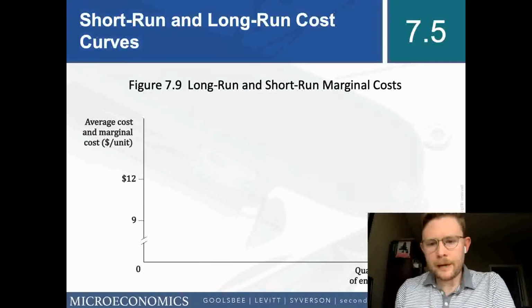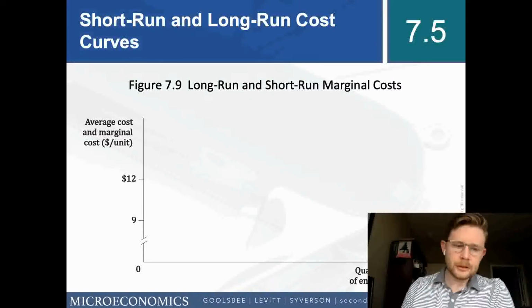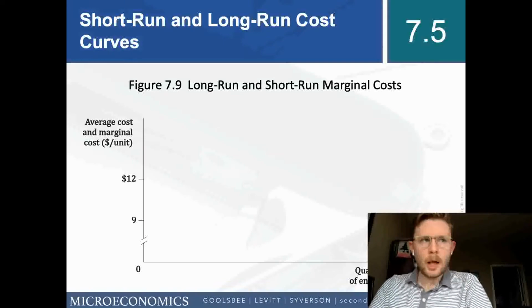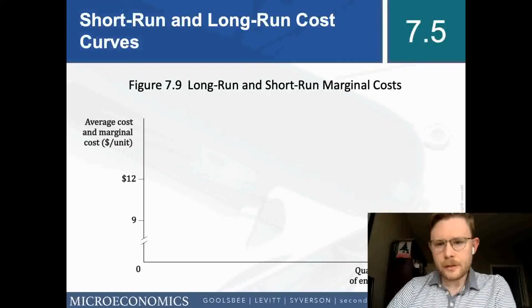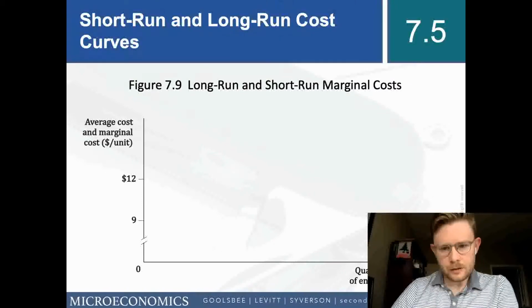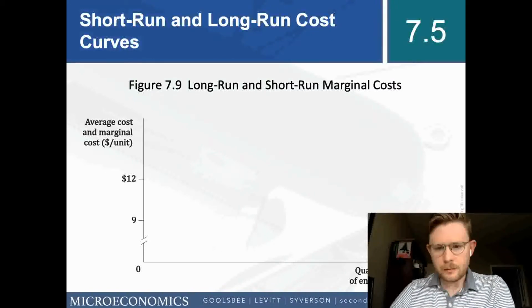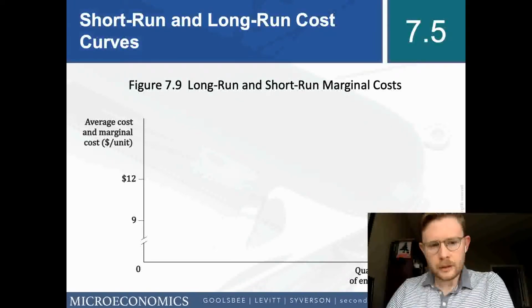We also have to think about marginal costs. Just like last time, a lot of economic thinking depends on the marginal costs of things. Remember, marginal cost is the cost of producing one additional unit of something.